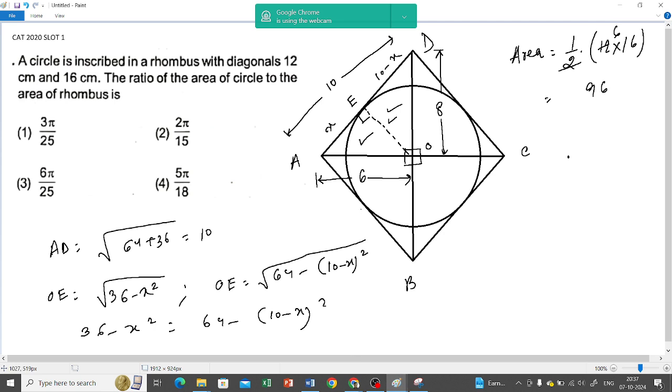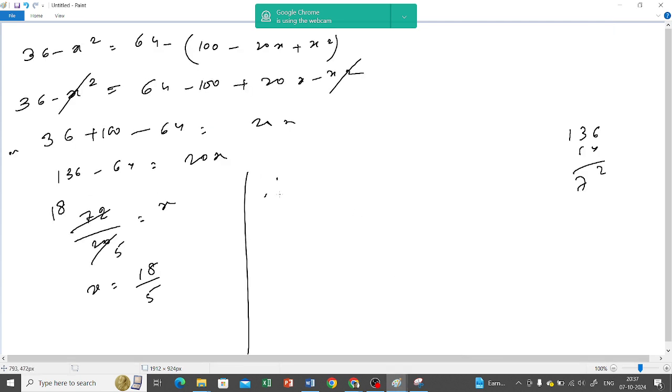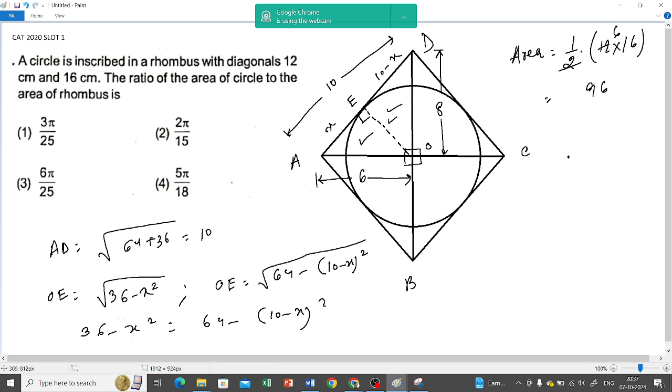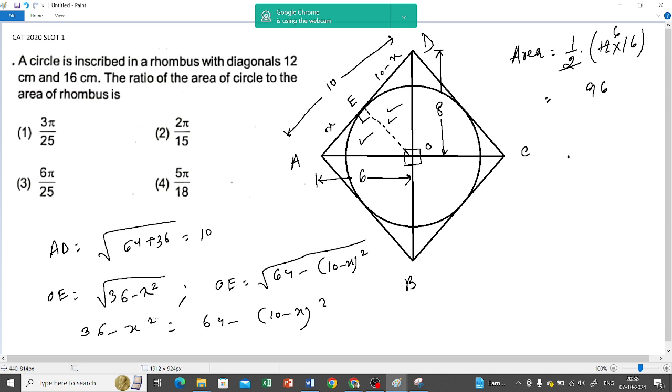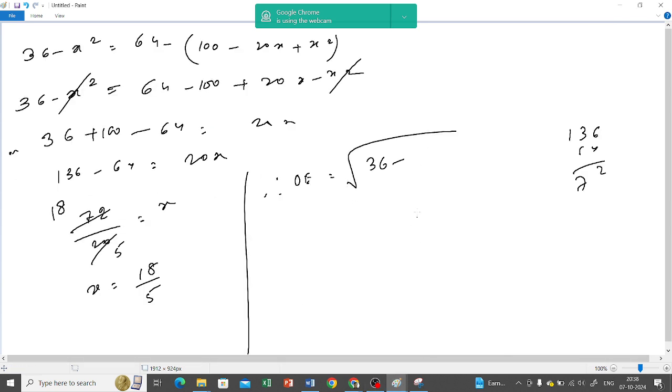So that means we have the value of x now, right? If I have the value of x, I can easily get the value of OE. What is OE? OE is root over 36 minus x square, that is x square 324 by 25.